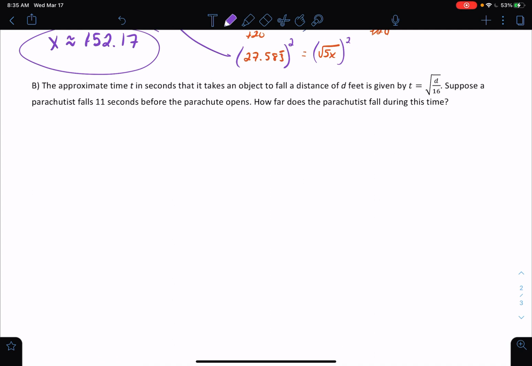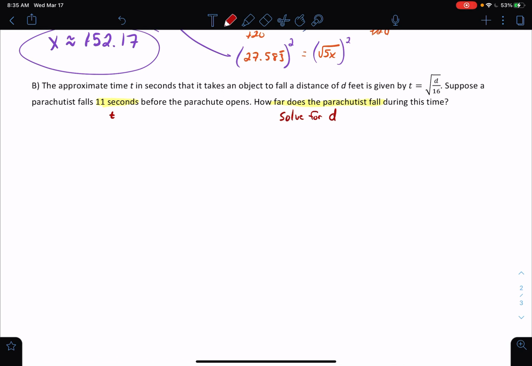All right, so we're given that the parachutist falls 11 seconds. This is going to be our t, time. How far does the parachutist fall? That's telling us we need to solve for D, the distance that they fall.